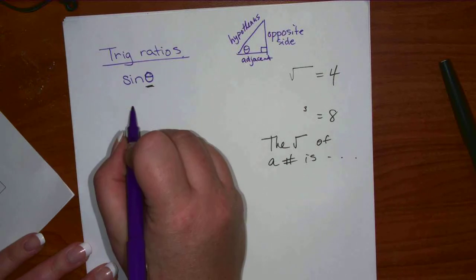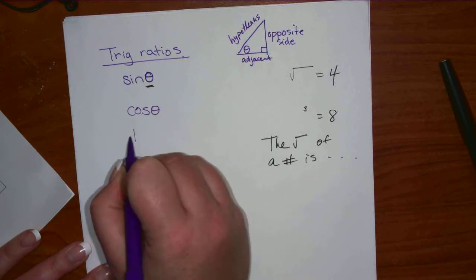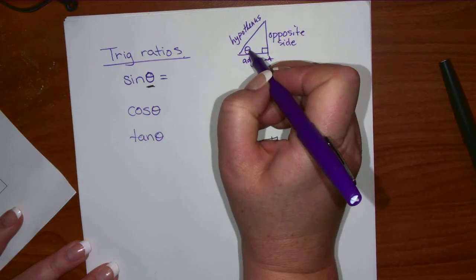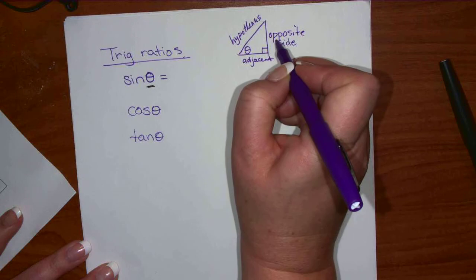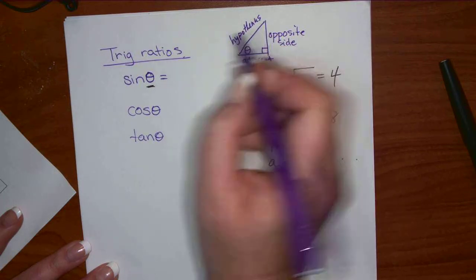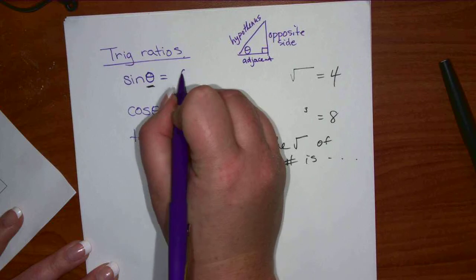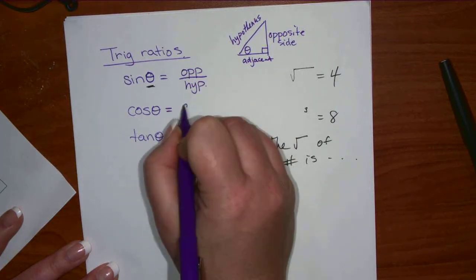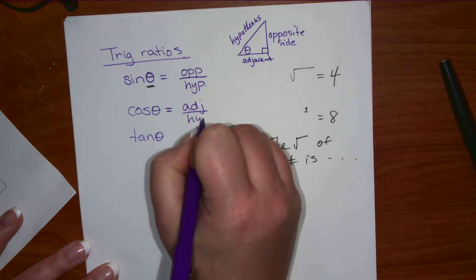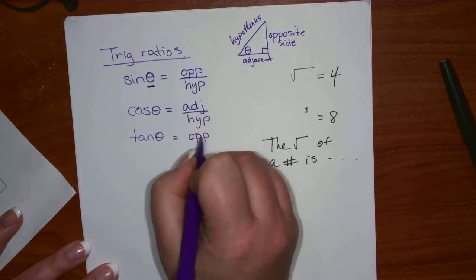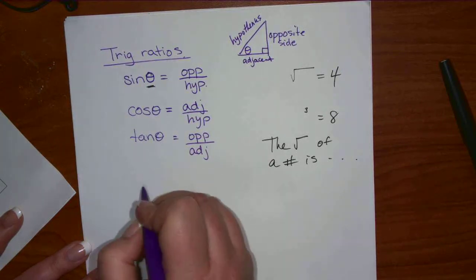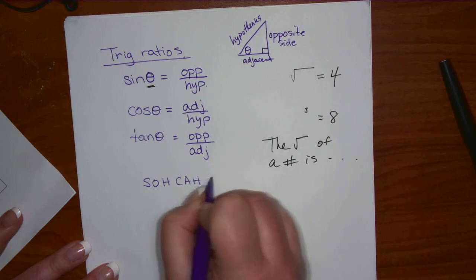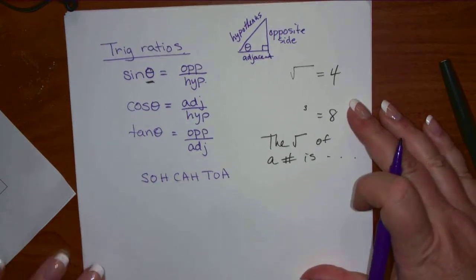So, do you remember these? Sine is, you remember? Opposite over hypotenuse, right, SOHCAHTOA. Cos is adjacent over hypotenuse, and tan is opposite over adjacent. Yeah, so there might have been an acronym that you had for that. SOHCAHTOA is the most common one.